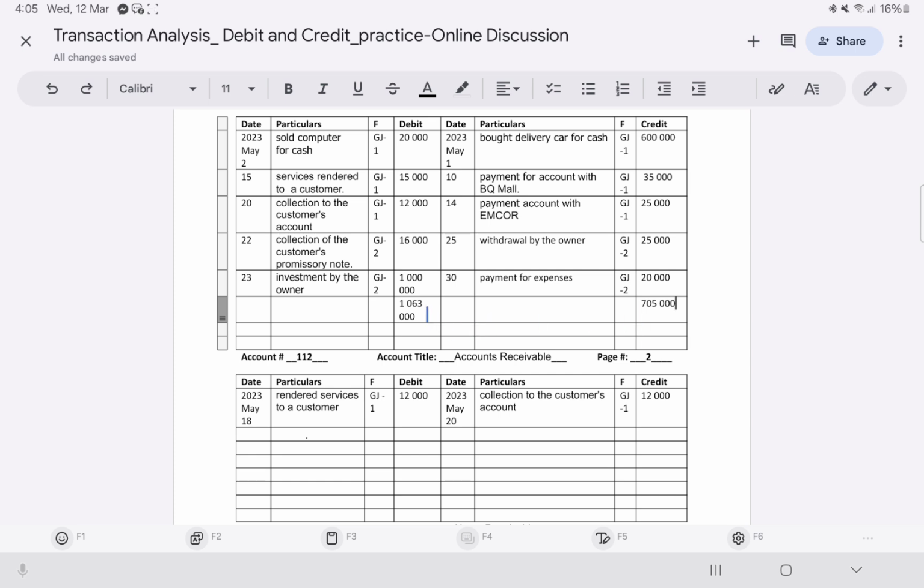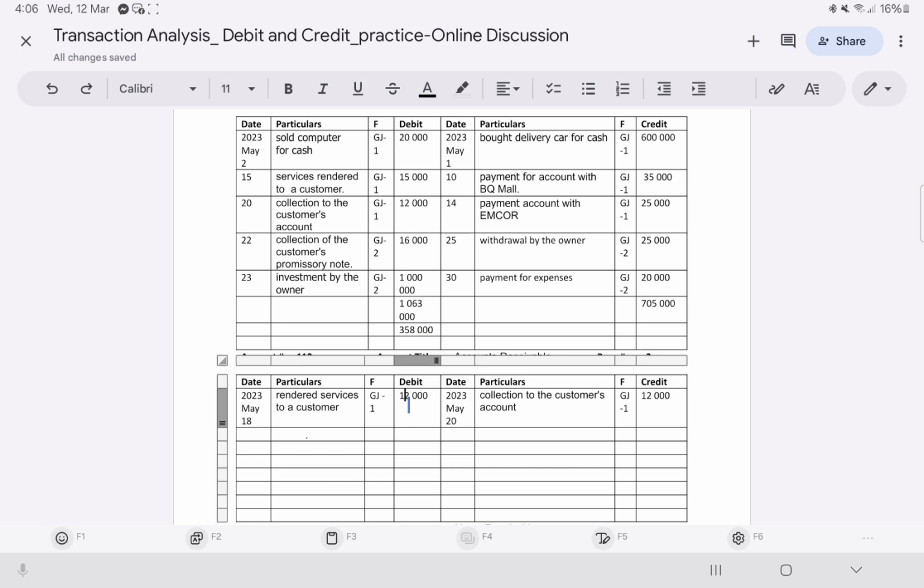So unlike sign na siya sa accounting, so debit and credit, you should subtract it. But if your transaction is all debit, you should add, and all credit, you should add. So unlike sign, you should subtract. Okay, so 1,063,000 minus 705,000 equals 358,000. Okay, 358,000.